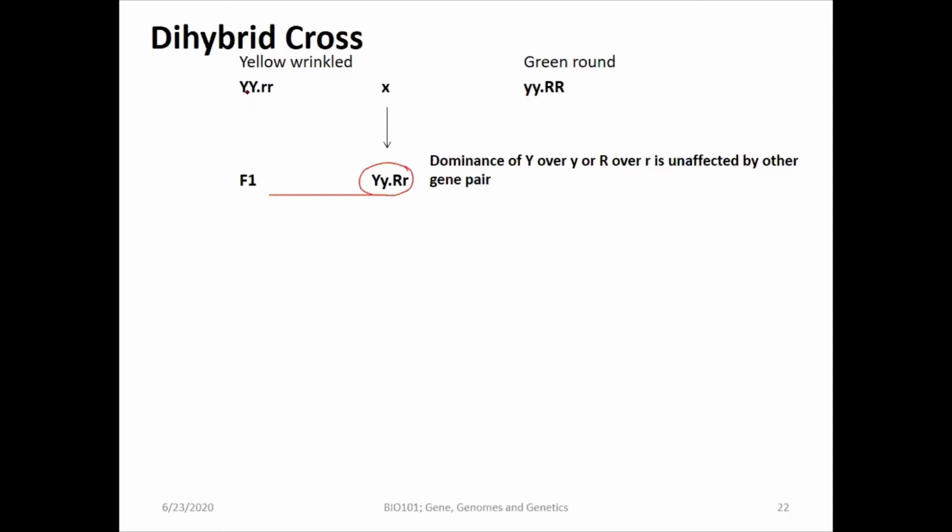Yeah. So the possibility of this one contributing to this one, knowing the law of segregation, it can be capital Y with this small r, or this capital Y with this small r, this capital Y with this small r, and this capital Y with this small r.